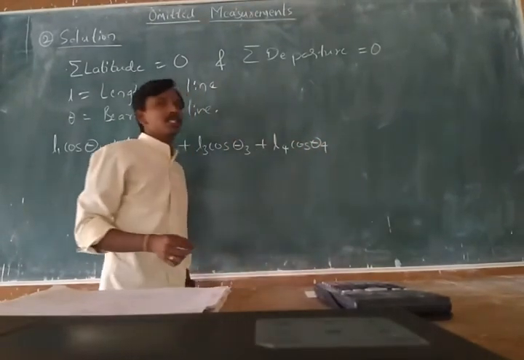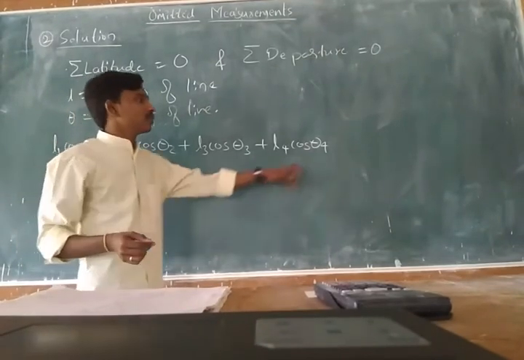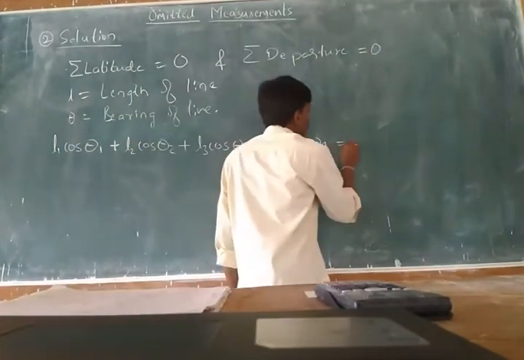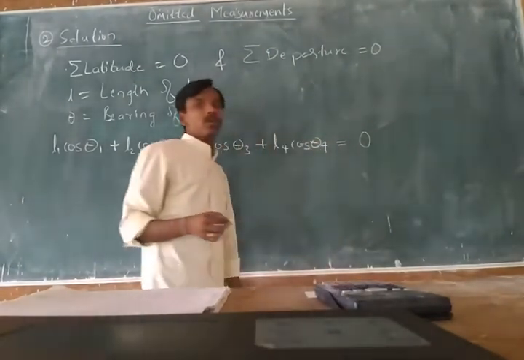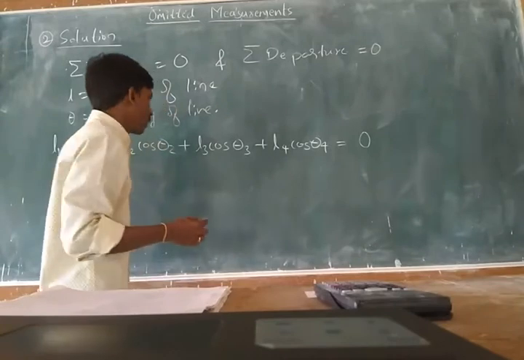Here L4 is nothing but length of AD or DA, bearing of DA. That is equal to 0 because we only have 4 traverse sides in the given traverse A, B, C, D.